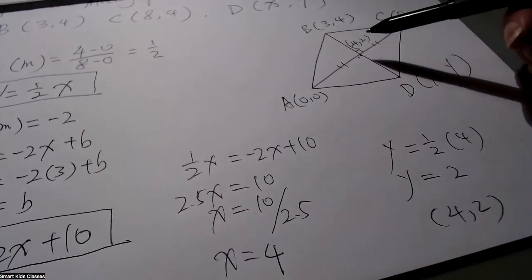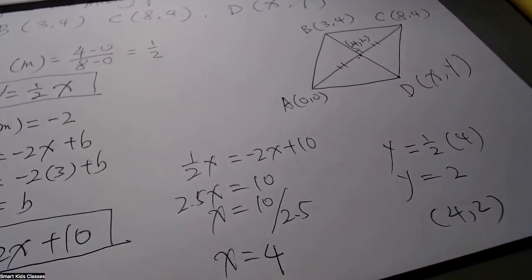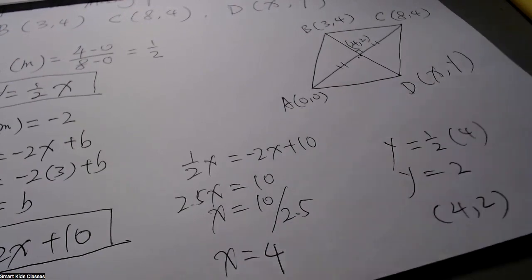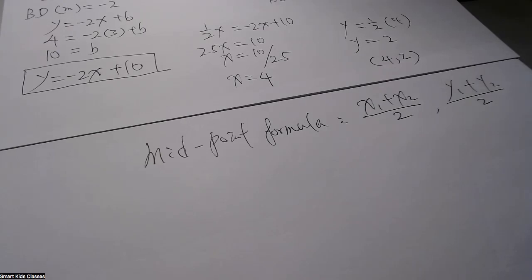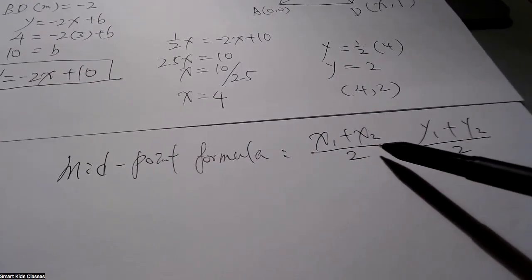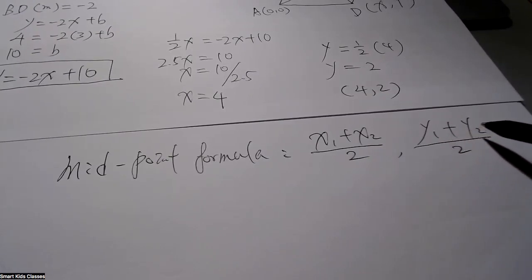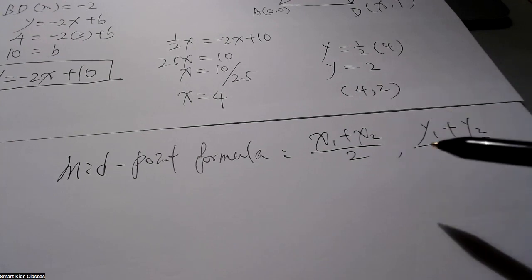Now, when we know the midpoint, we're going to use the midpoint formula to find D. I'm going to write it on the second page. The midpoint formula is (x1 plus x2) divided by 2, (y1 plus y2) divided by 2, and the midpoint here is 4 and 2.